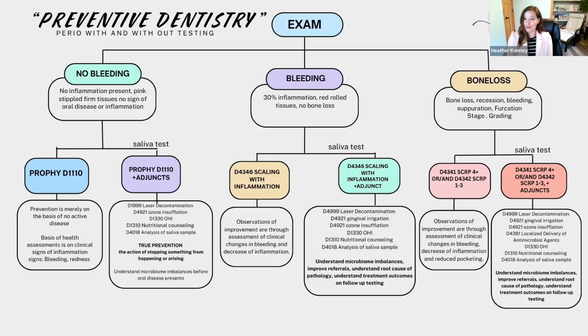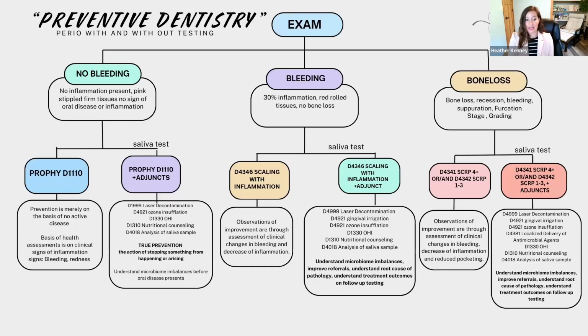And this gets a little bit tricky. Sometimes you can have 4 and 5 millimeter pockets, and they're pseudo pockets from inflammation because I don't have bone loss on the x-rays that we have to look at, right? But 30% according to the ADA before we can actually start treating gingivitis, okay? And then we look at bone loss, and that's where we start treating periodontal disease.